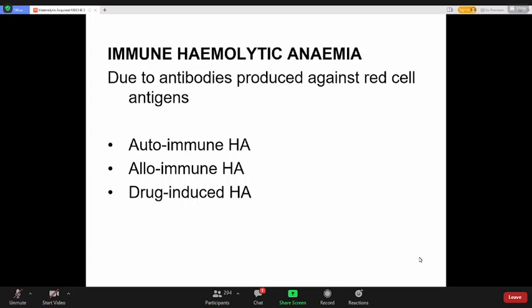So for some pathological conditions, you get an individual producing autoimmune antibodies against own red cell antigens. And there are very many diseases where patients have an autoimmune basis. So we call this autoimmune disease.